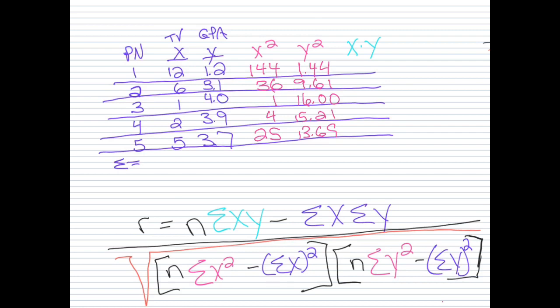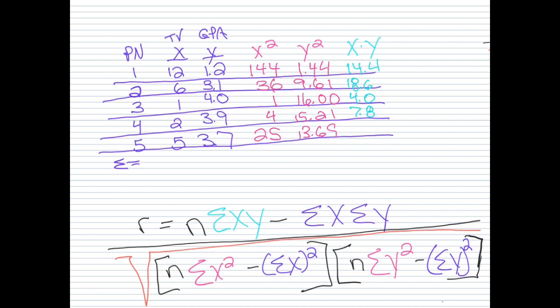Now we are going to multiply each X value by each Y value. So for participant 1, 12 times 1.2 is 14.4. 6 times 3.1 is 18.6. 1 times 4 is 4. 2 times 3.9 is 7.8.